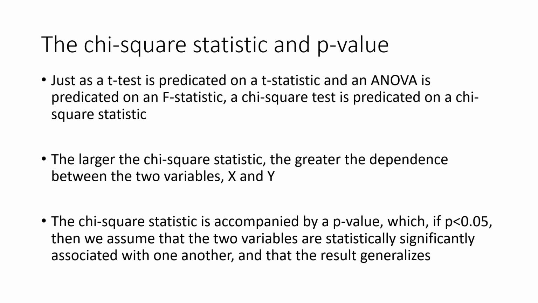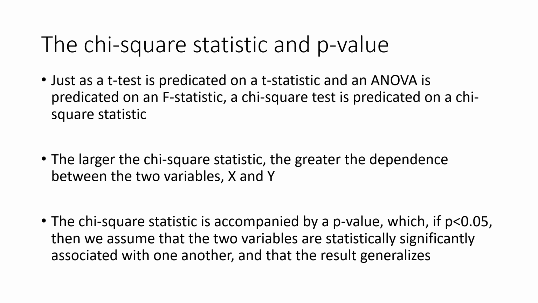The same is true with a chi-square test, except in this case we calculate a chi-square statistic, and that chi-square statistic tells us something about the strength of the relationship between x and y. The larger the chi-square statistic, the greater the dependence between those two variables, x and y.